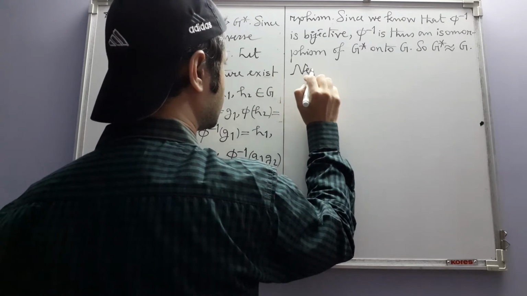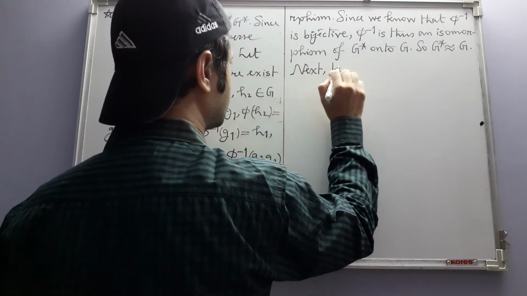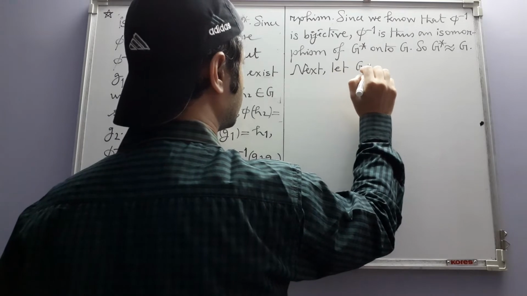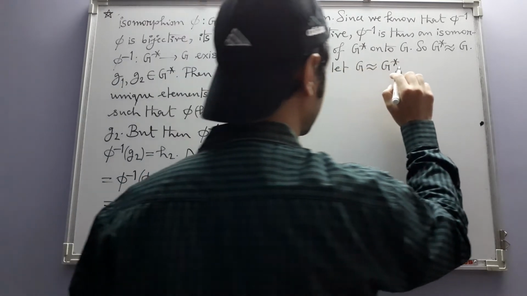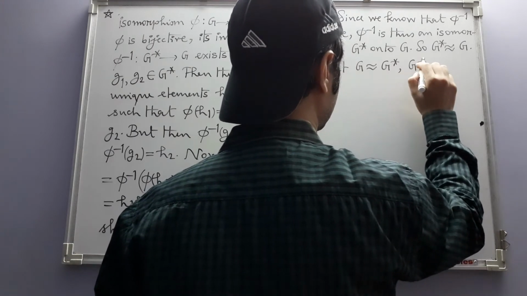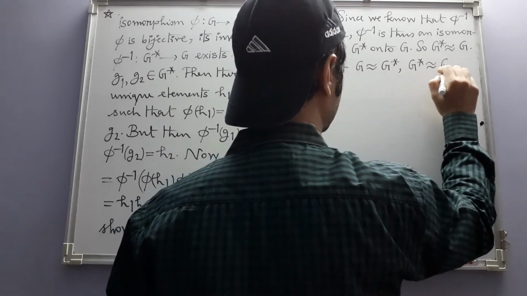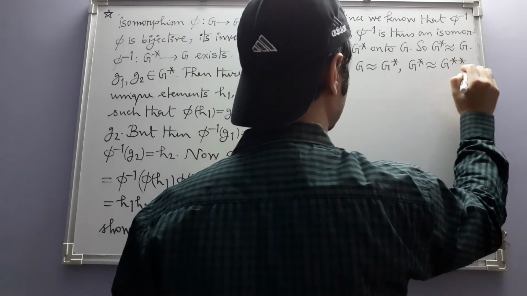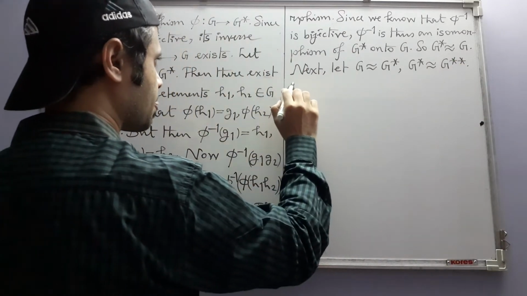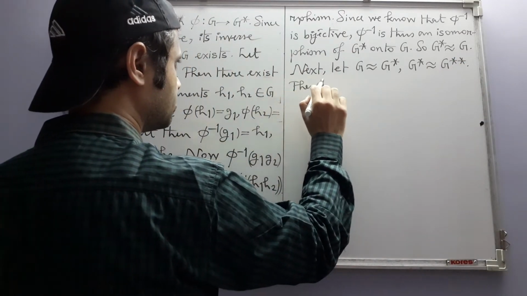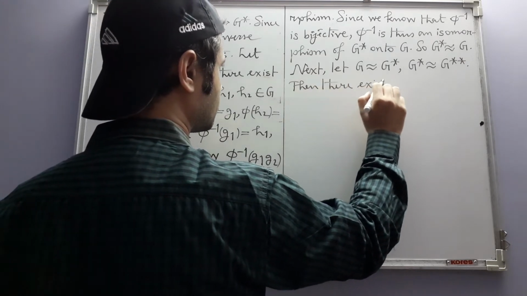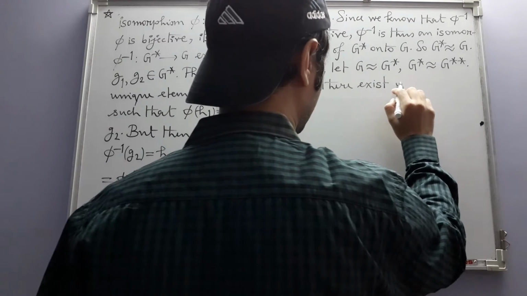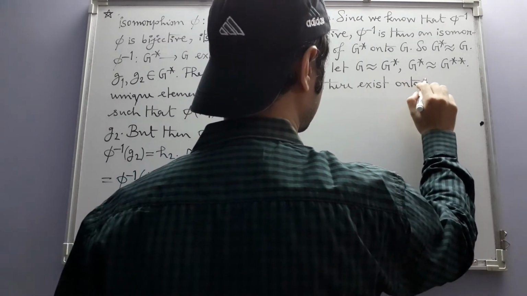Next, let G be isomorphic to G star and G star be isomorphic to G double star. Then there exist onto isomorphisms.